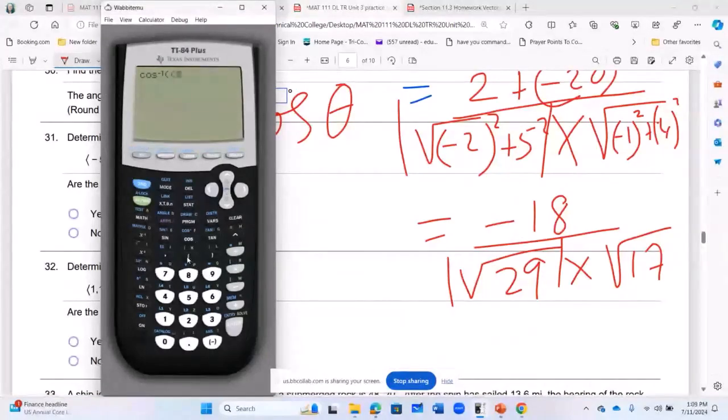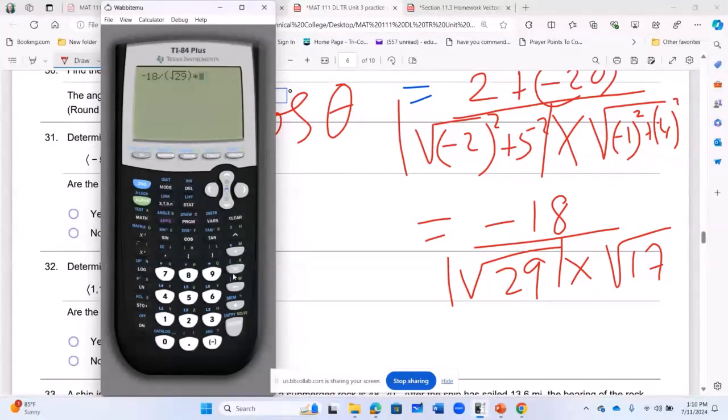So I'm going to open a parenthesis in the numerator, negative 18, close parenthesis in the numerator, divided by, let me find negative 18 first, then divided by parenthesis, the square root of 29, close parenthesis, multiplied by the square root of 17.